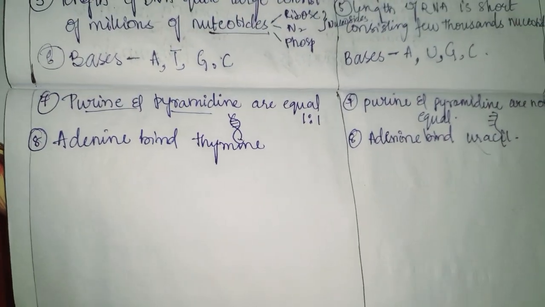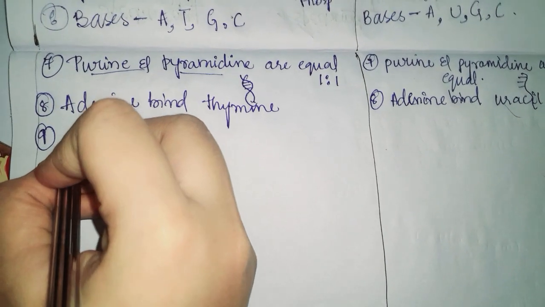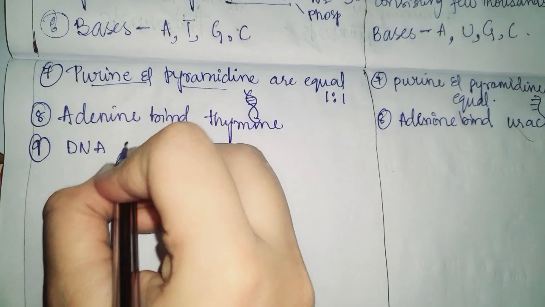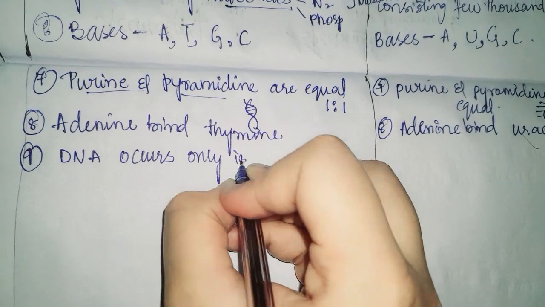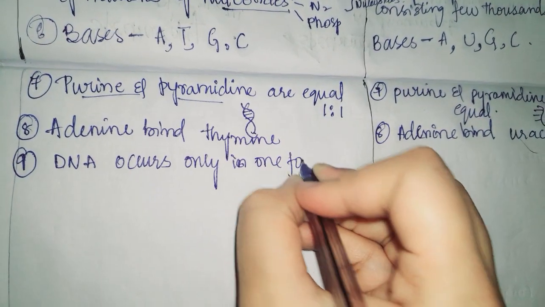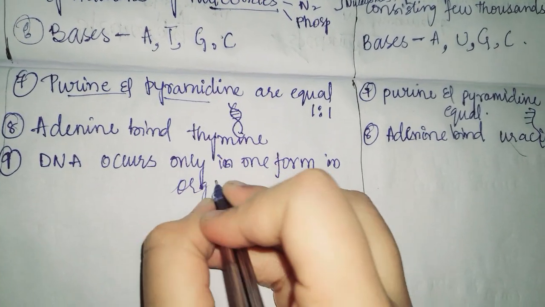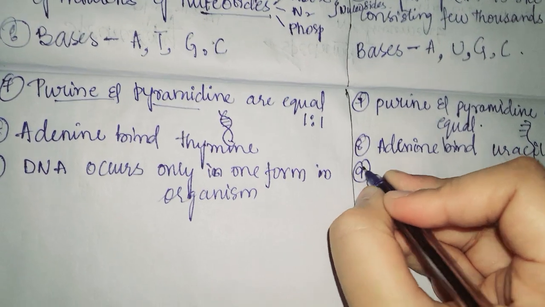Now we'll see another difference, that is, in how many forms DNA occurs. DNA occurs in only one form in organisms, while RNA occurs in many forms.